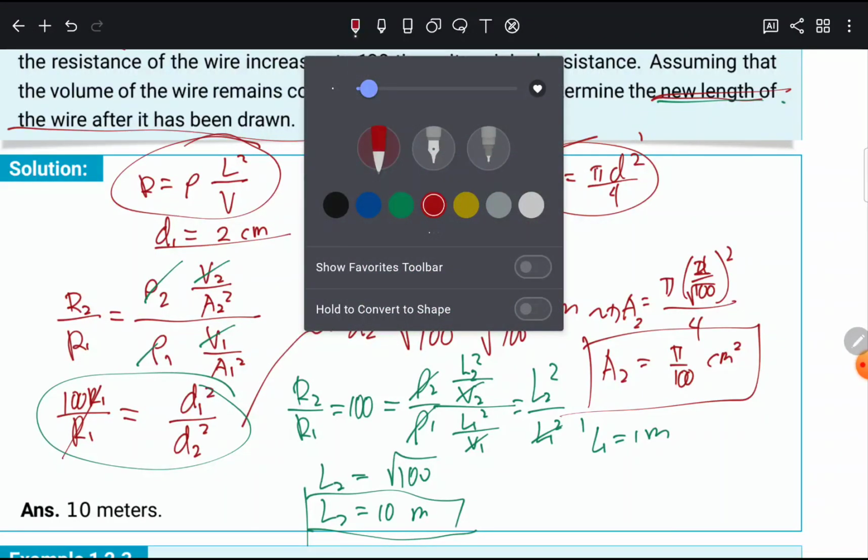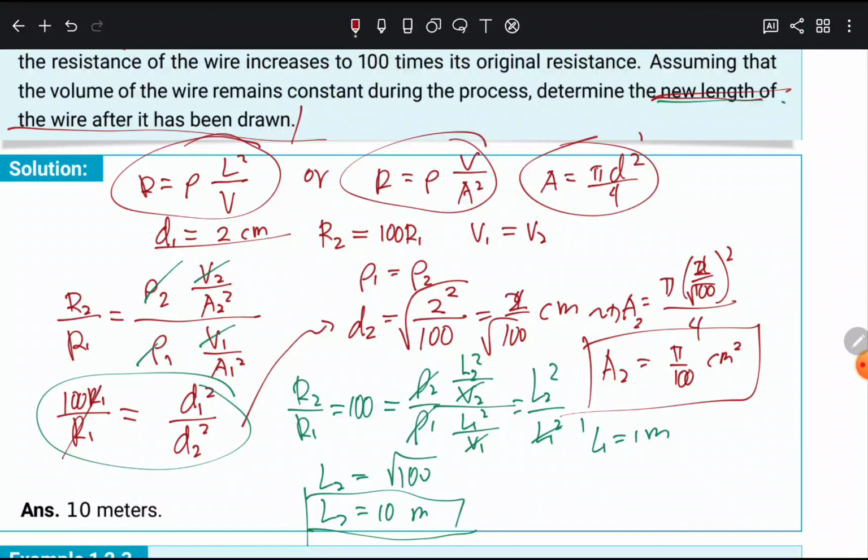But let me also find the new area. So if the problem asks the new area, then that's the process. But if it's just asking for the length, then this is the answer. It's just equal to 10 meters.